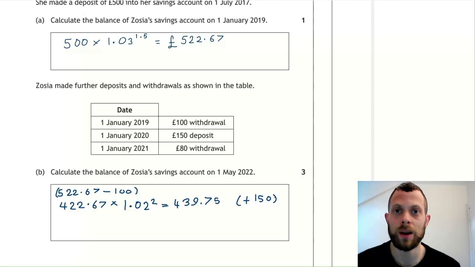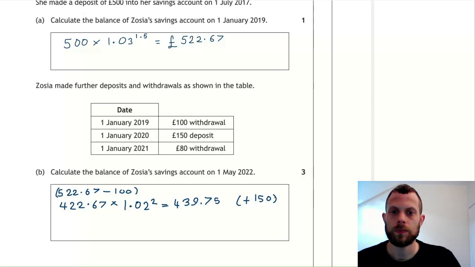And be careful whether the money's coming in or going out. So we're starting the next period with £589.75, beginning of 2020.